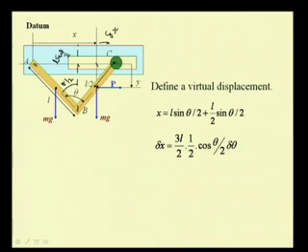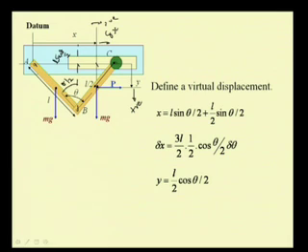So, we define from this datum y and the positive sense. So, here this is the positive virtual displacement for x and here this is the positive virtual displacement for y direction.